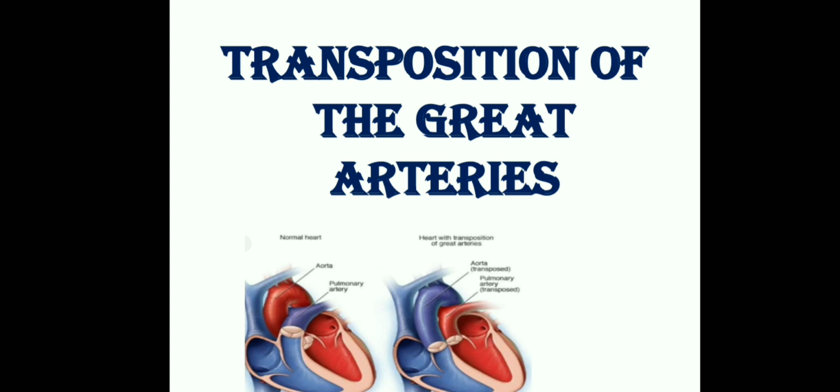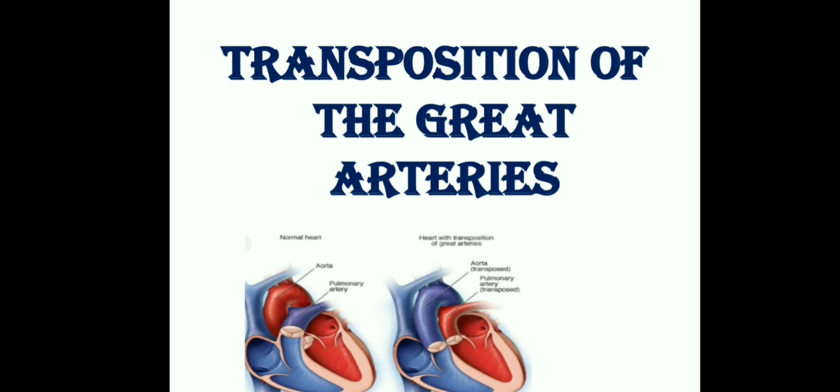The two great arteries originate opposite, reversed. Actually the pulmonary artery originates from the right ventricle and the aorta from the left ventricle, but here it is reversed. So this condition is called transposition of the great arteries.